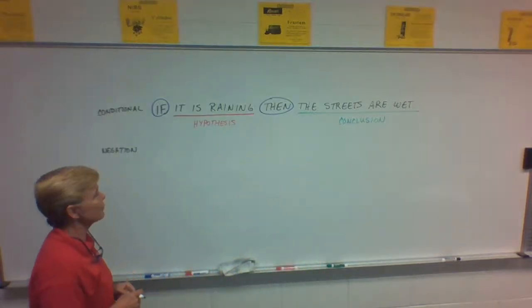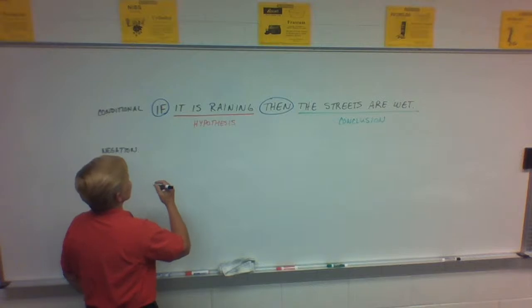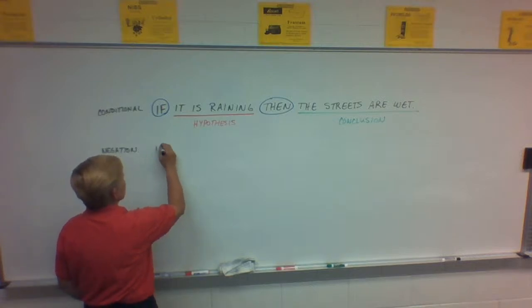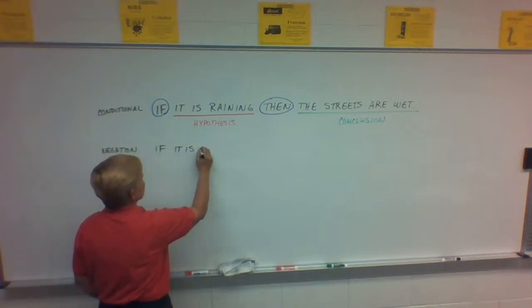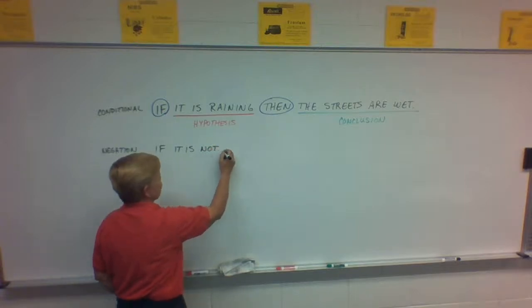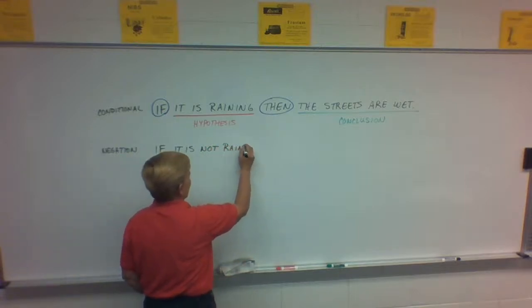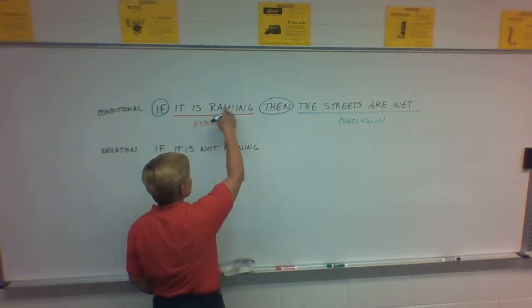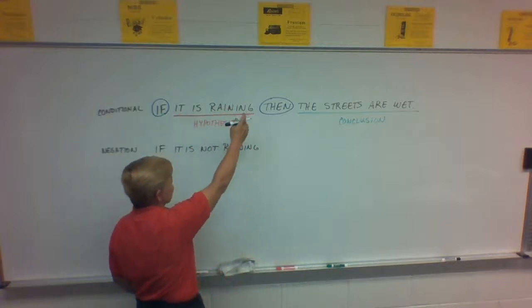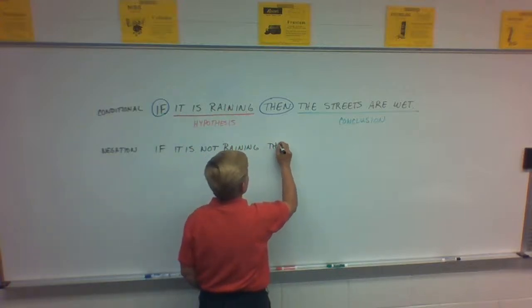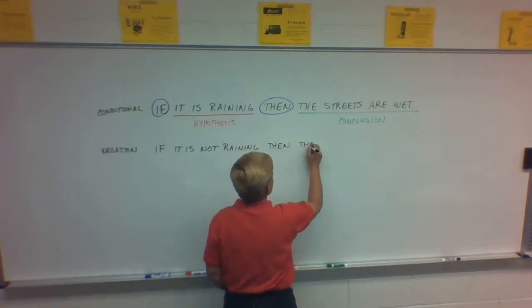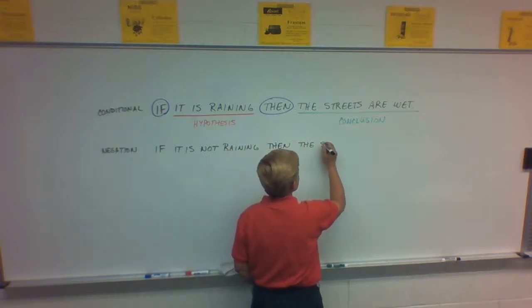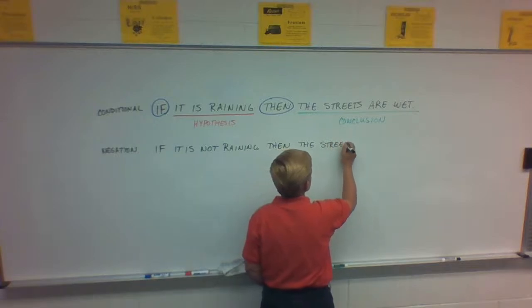We negate both of them. And so we say this: if it is not raining. So this one said it is raining. This one's saying, now we're negating that. Then the streets are not wet. You just say the streets are dry.